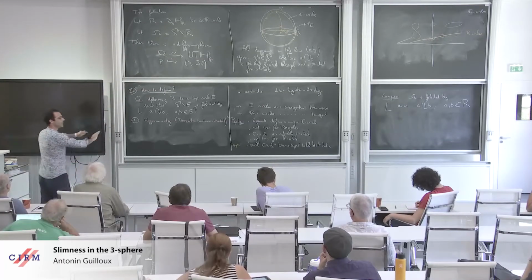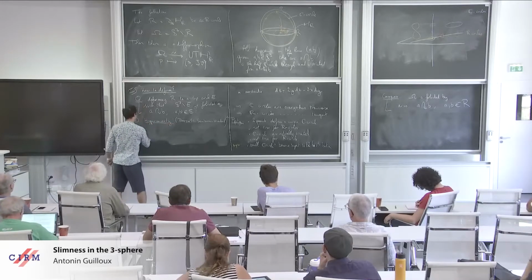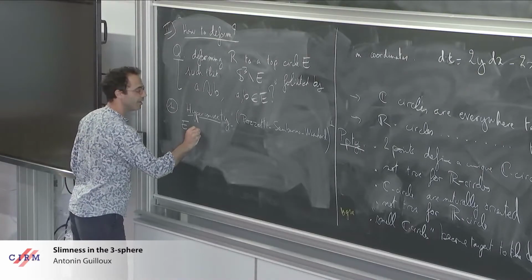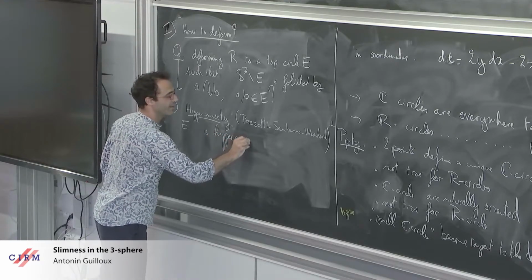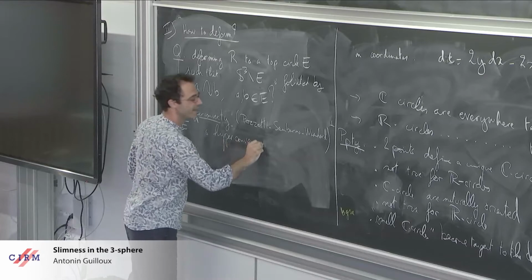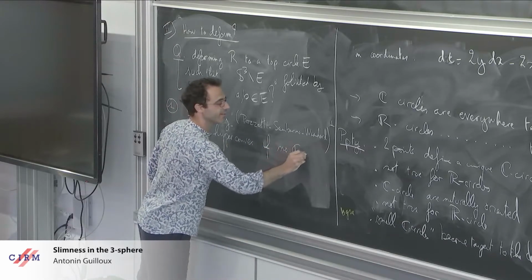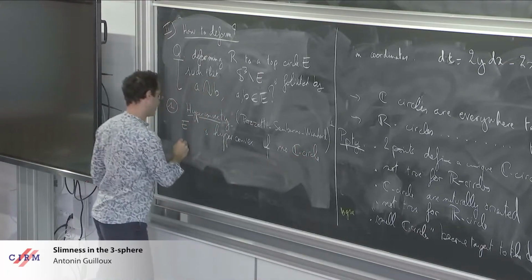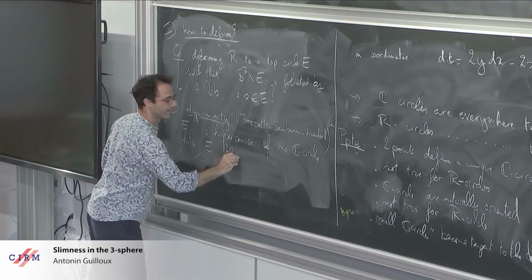But if you don't know anything about that, this is a very simple definition. E is hyperconvex for this setting if no C circle hits E 3 times.